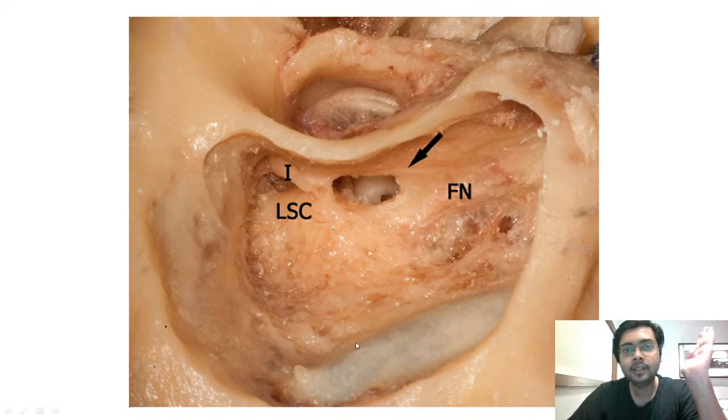Posteriorly it will be a little bluish due to the sigmoid sinus, right? The lateral semicircular canal will be ivory white. The facial nerve again will be white, bland white, and before you reach the facial nerve, there will be minute bleedings from the blood vessels that run along or above the facial nerve, right?